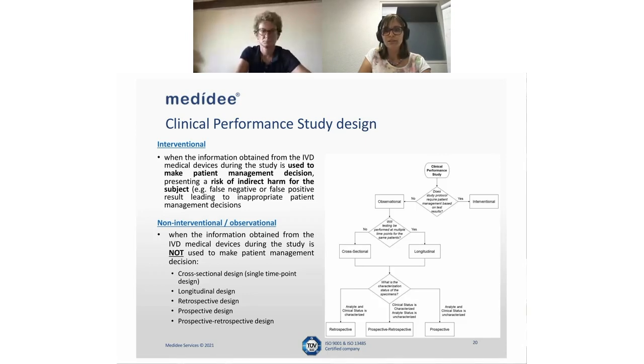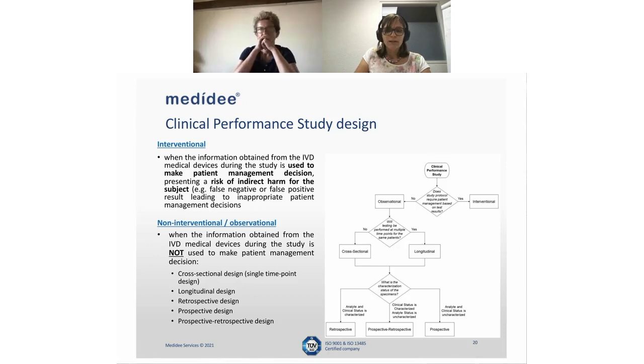So a medical decision will be based on the test result of your IVD test. Hence here, there could be a direct or indirect harm to the subject, because based on the test result, it could have led to wrong or not the good medical care.